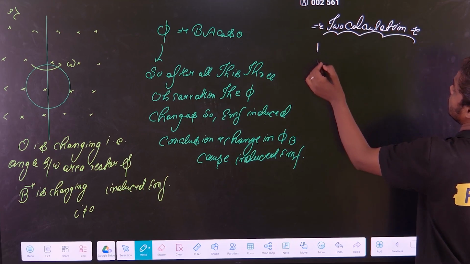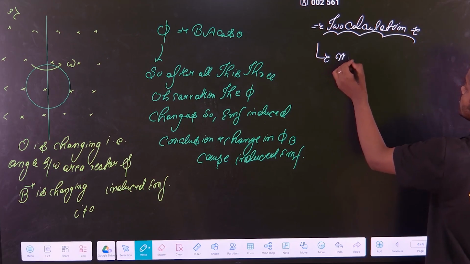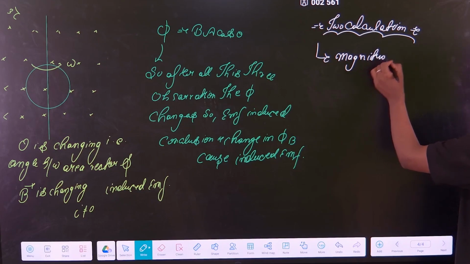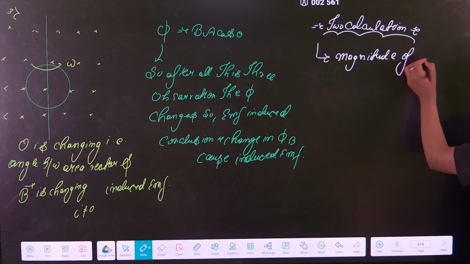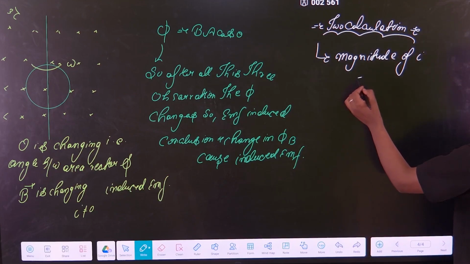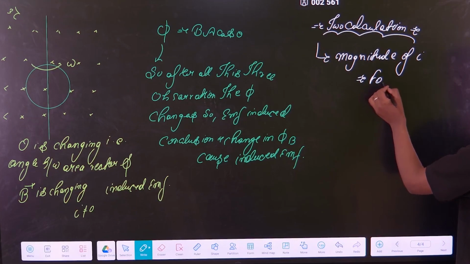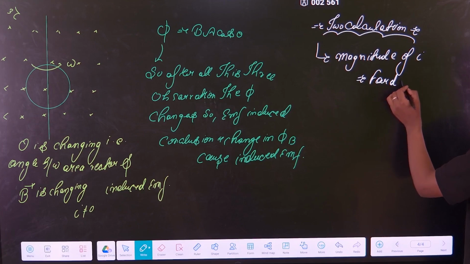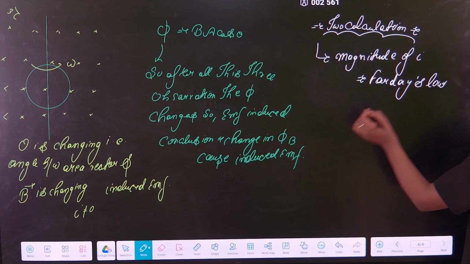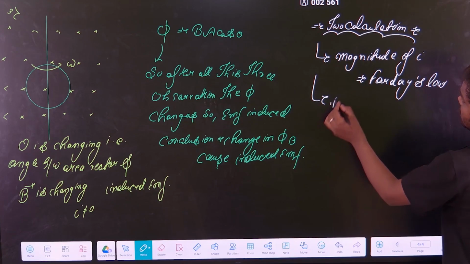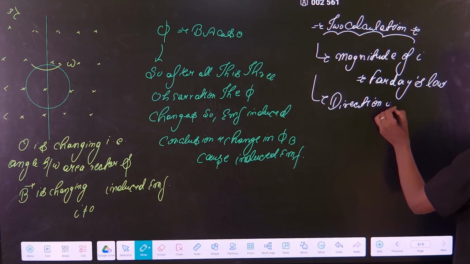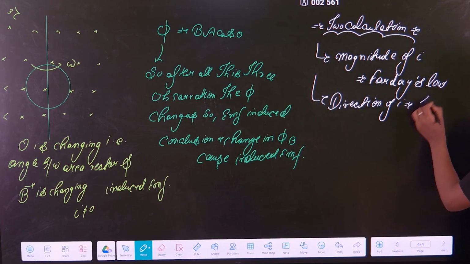First is the magnitude of I. And how to find this? For that we have Faraday's law. And second is the direction of I. For that we have Lenz's law.